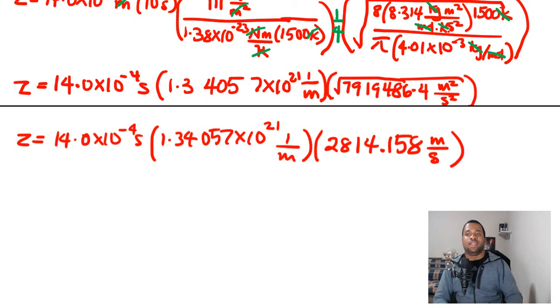And so next is evaluating our units. Seconds cancels out our seconds, our meters cancels out our meters, and what we are left now is our Z value.